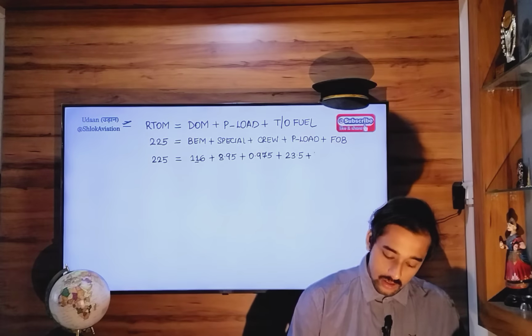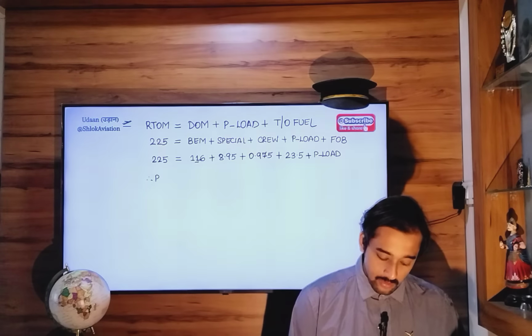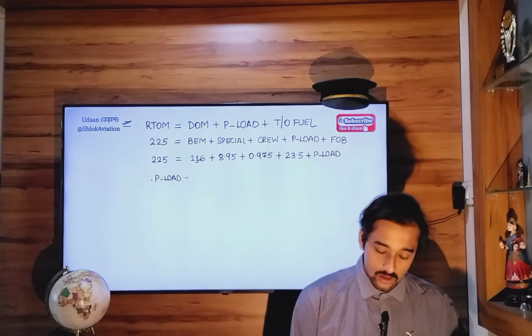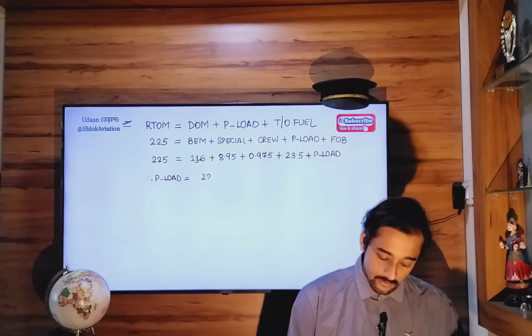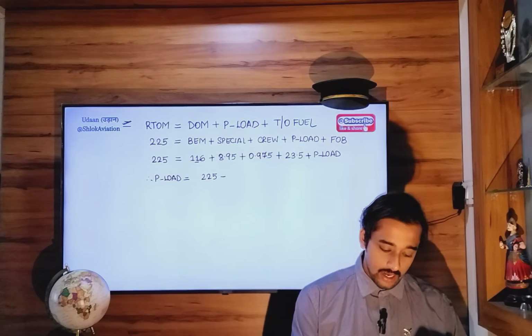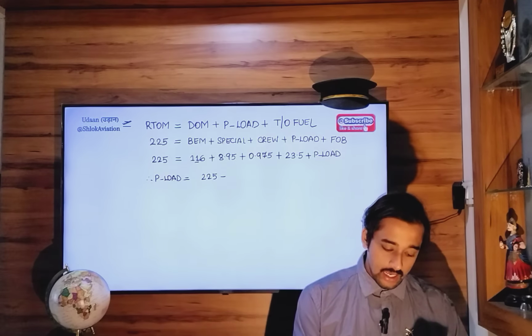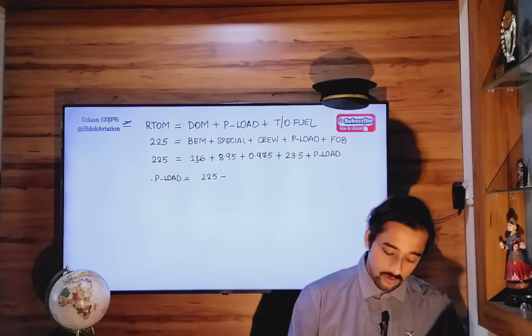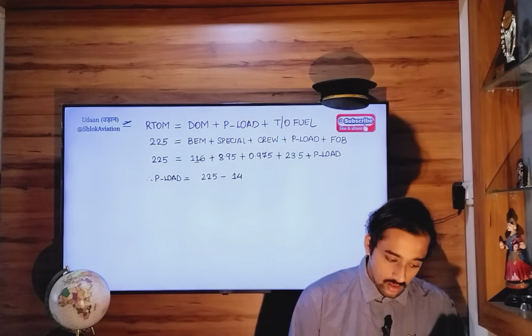Plus payload. Therefore, payload will be equal to 225 minus 116 plus 8.95 plus 0.975 plus 23.5, which is 149.425.